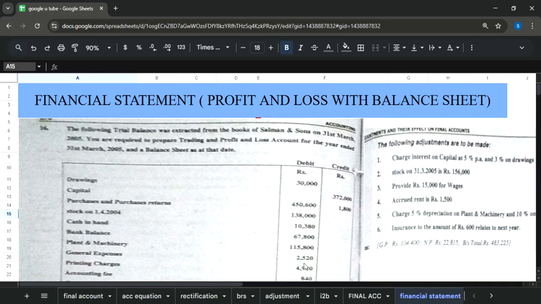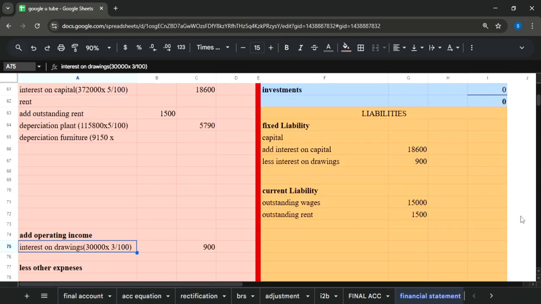Look at here, the depreciation rate was 10%, so here you will calculate 10%, multiply by 10 divided by 100. Okay guys, we have written, and once again I will let you know how to calculate this depreciation. 9150 was the amount of furniture, then you have multiplied 10 divided by 100, with which you have calculated depreciation.